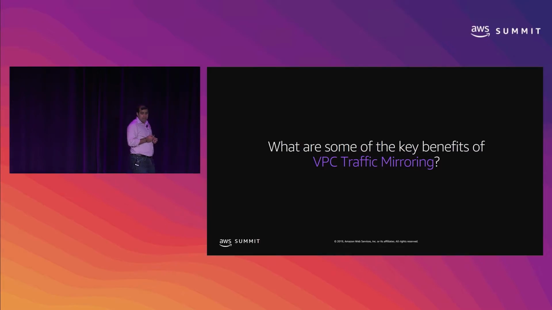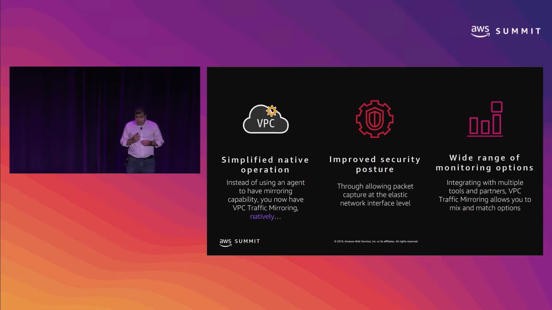But the problem is that it's a third-party agent that you have to install and manage. It takes a CPU penalty and things like that. The benefit of traffic mirroring is that it's a native feature; you don't have to run any third-party agents. There is no CPU penalty, nothing. You just enable traffic mirroring on a specific interface on EC2, and that's it.